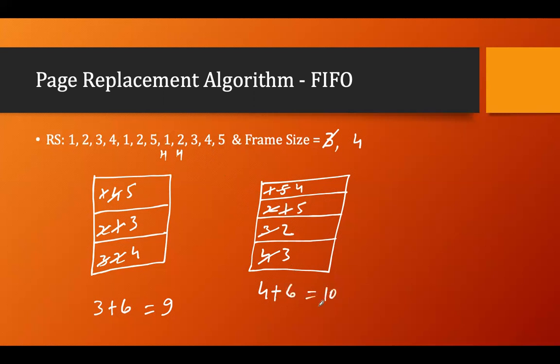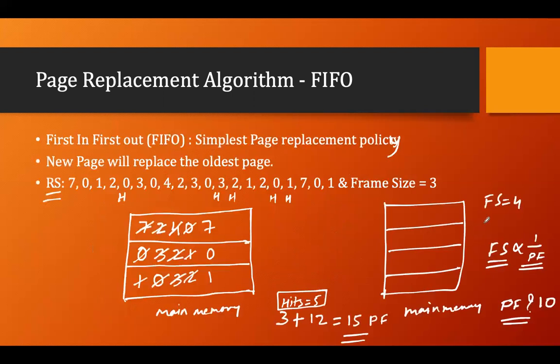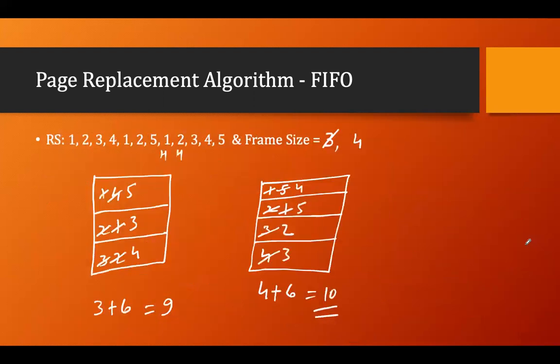So this is 10. See what I told you previously, that when we increase the frame size, the page fault should decrease. But what is happening? When we increase the frame size, the page fault is also increasing. The number of page faults here is 9 and here is 10.